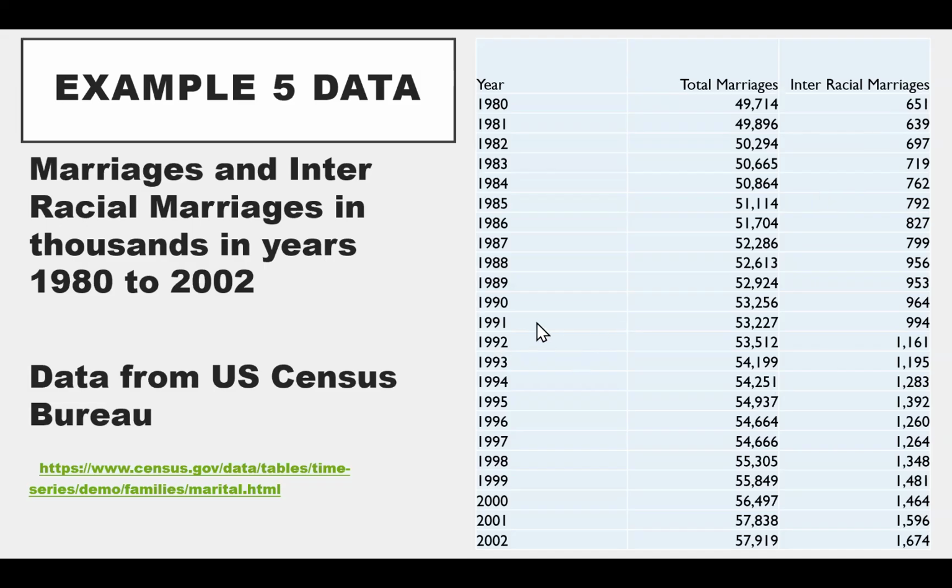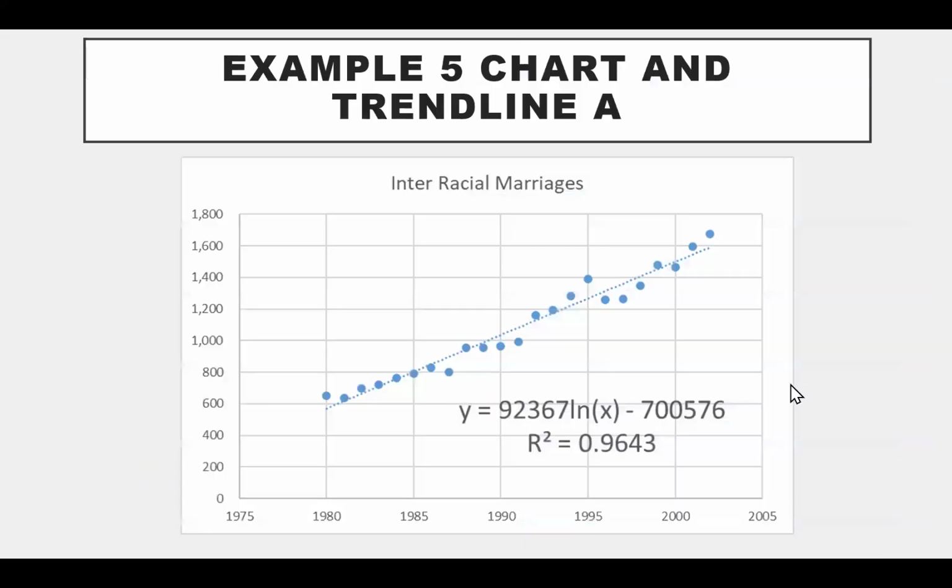So if you look at the number of marriages in 1990, there's 53,256,000. So that's 53 million. And then 964 thousand interracial marriages. So the trend for interracial marriages has obviously gone up from 1980 to 2002.